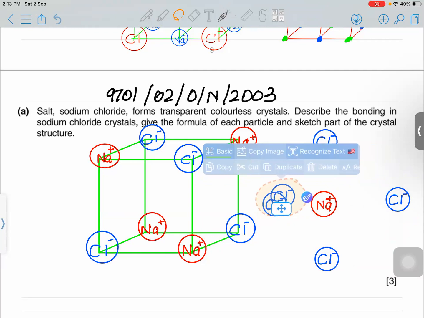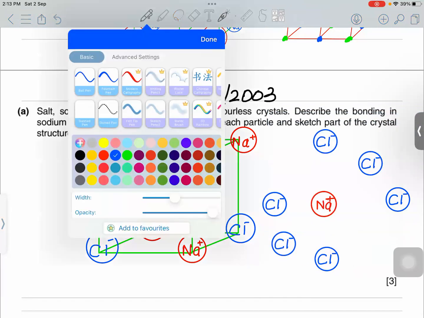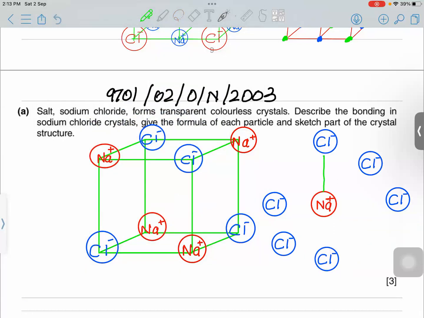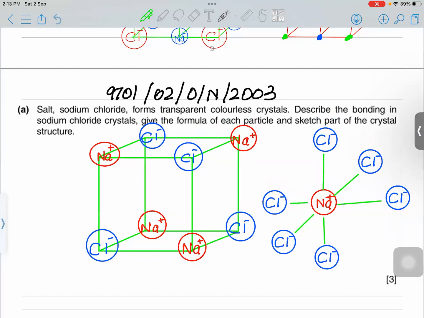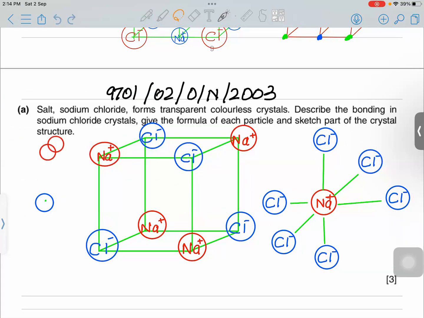This is the fourth one, this is the fifth one, this is the sixth one. So one sodium is attracted by six chlorine ions. Similarly, if you have one chlorine, it is attracted by 6 sodium.